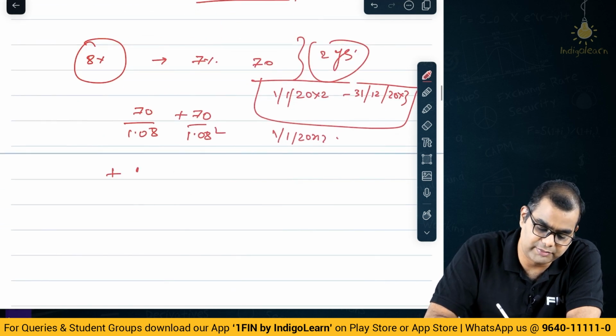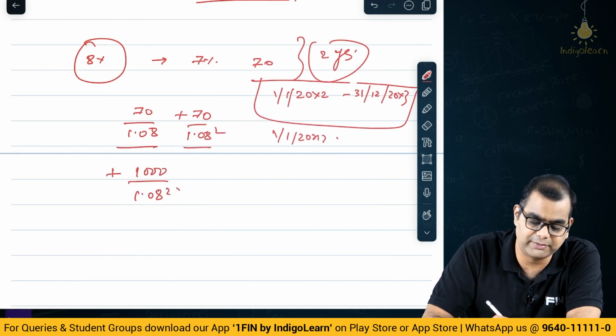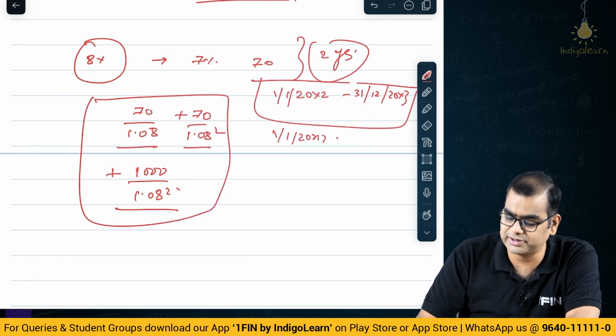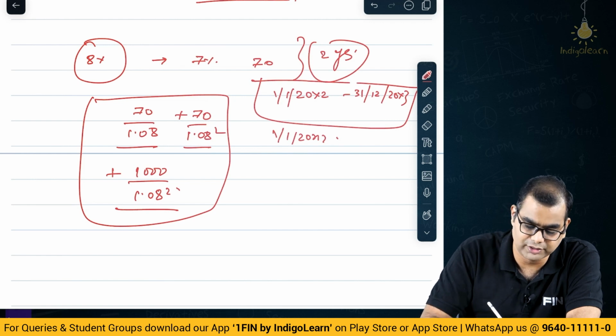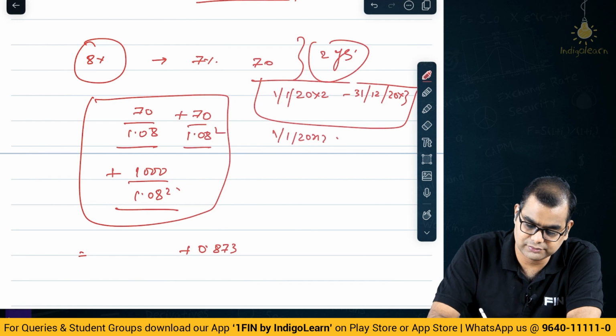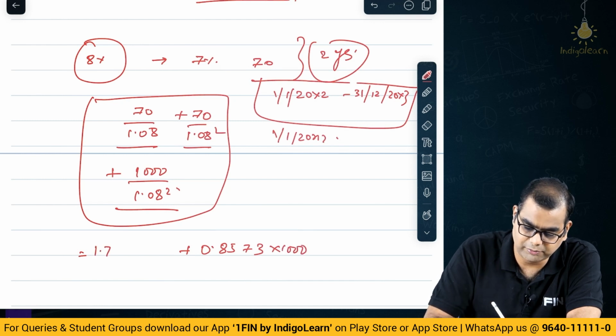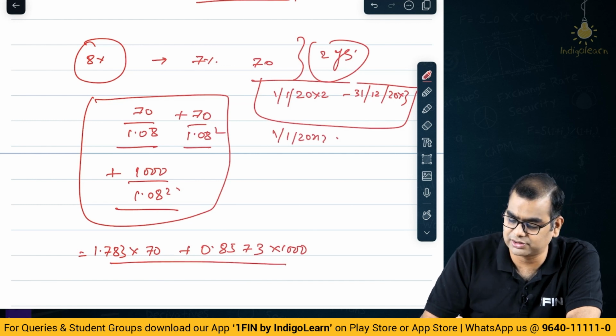So, the price will be 70 by 1.08 plus 70 by 1.08 whole square plus 1000 by 1.08 whole square. So, this will be 1 by 1.08 is equal to once, twice, 1.783 into 70 plus 0.8573 into 1000.